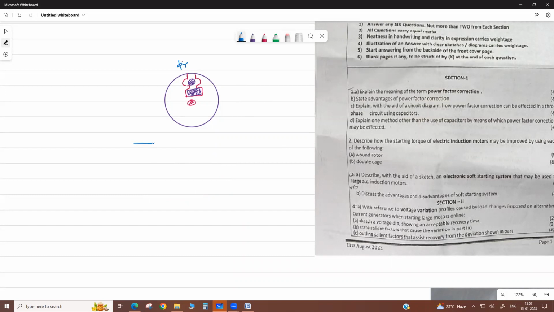Actually, we see now there are two circuits, like in parallel, inner and outer cage. We can draw like this.